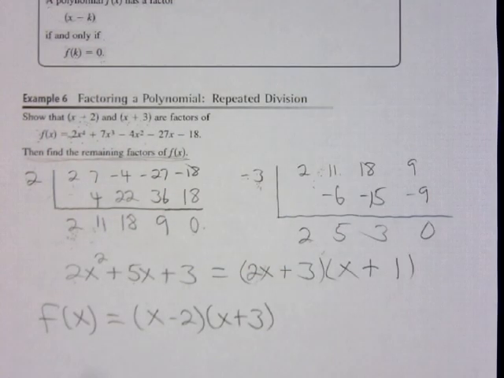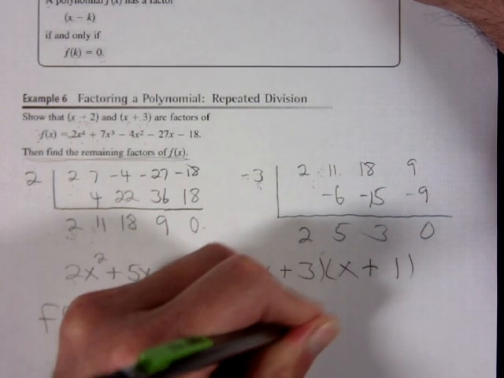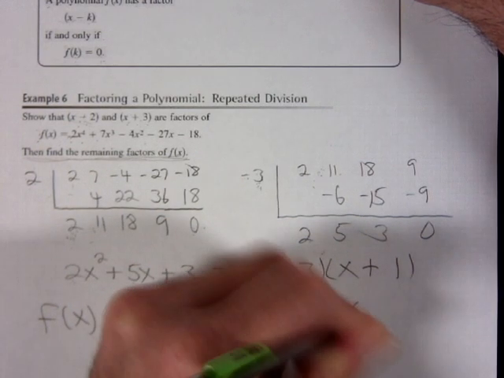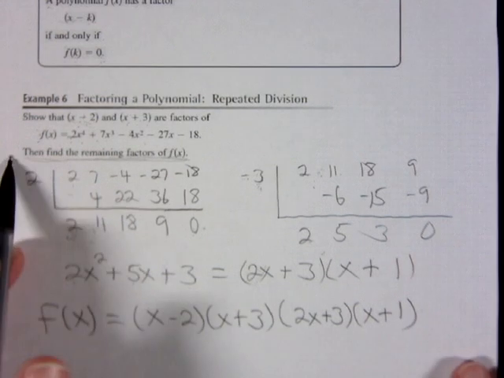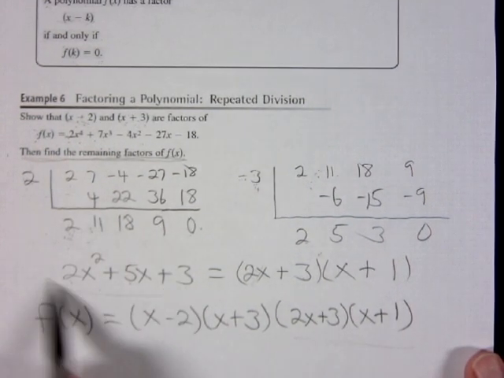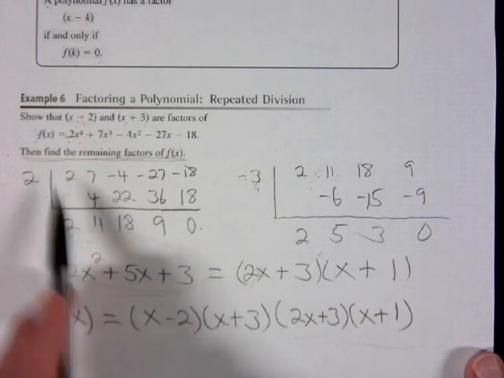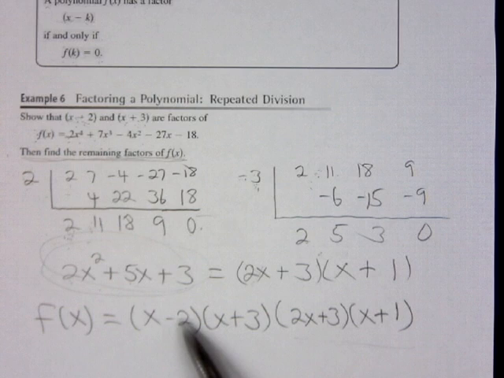And now that I've completely factored the rest of it out, these are my other two factors, 2x plus 3 and x plus 1. Find the remaining factors. These two are the remaining factors because that's the factorization of what was left when I divided these two into it, right? So now these are my full factors of the original function, all right?